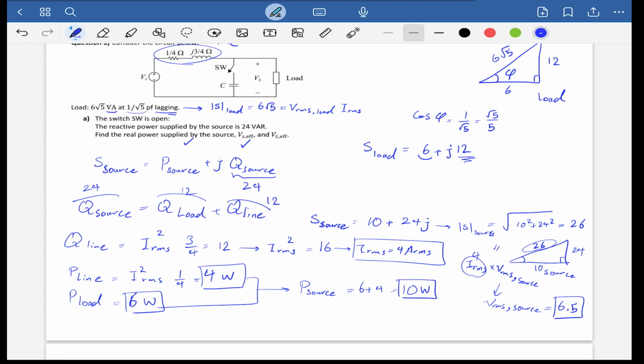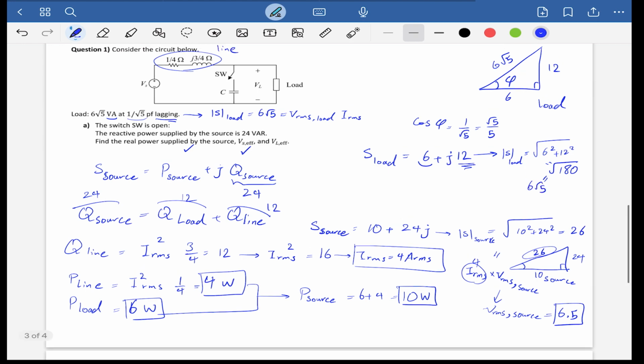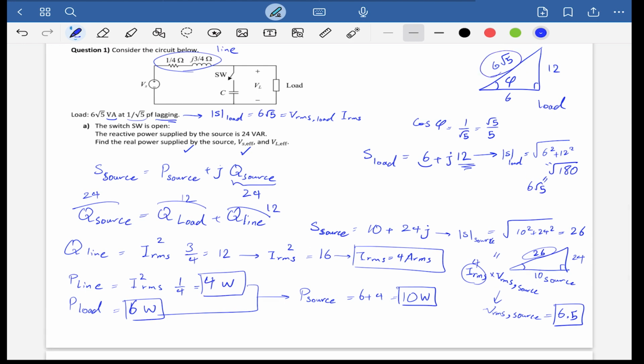Again, the same procedure for the load. The apparent power of the load will be equal to this expression, which will be radical 180, which we found, right? It's 6 radical 5. We found it here. We know this, okay? And now, what can we do?